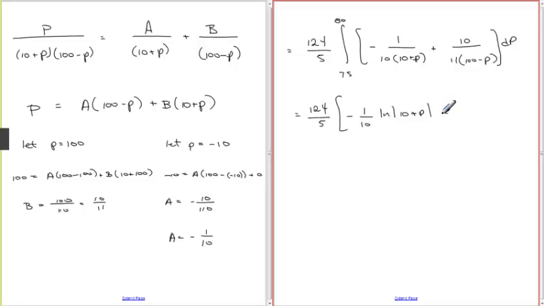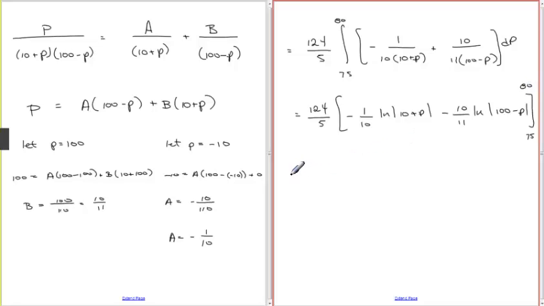The second one is also negative because we have a negative p here. So when you take the derivative of that, you get negative dp, which means you've got to multiply and divide by negative 1. So we'll have 10/11 times the natural log of the absolute value of 100 minus p, and we evaluate that between 75 and 80.